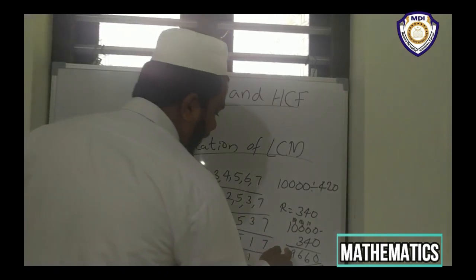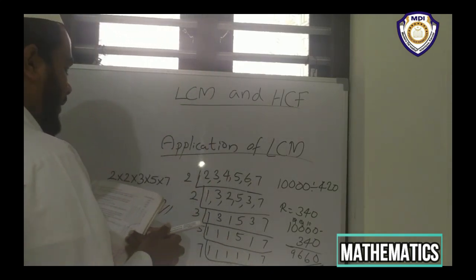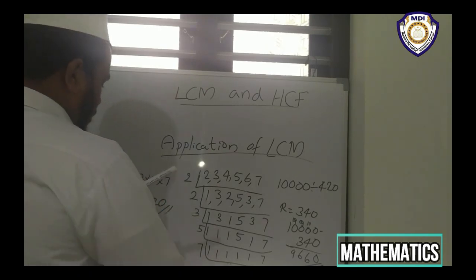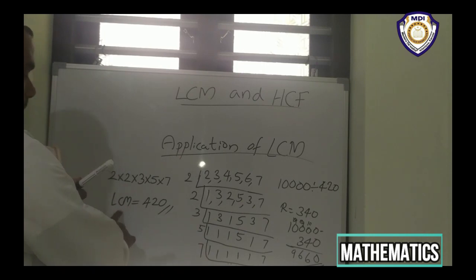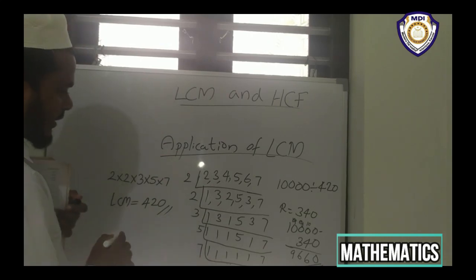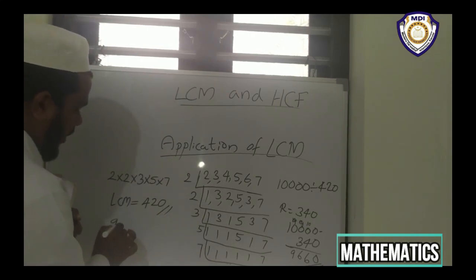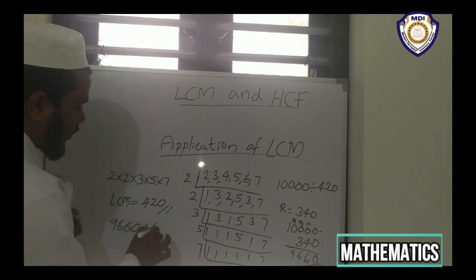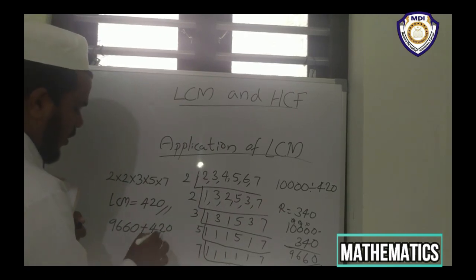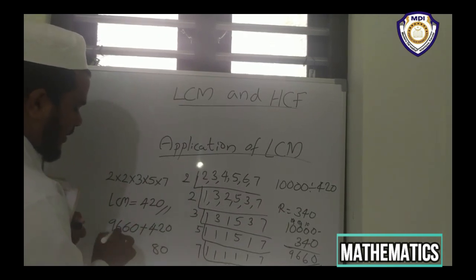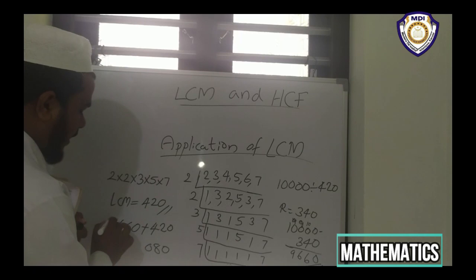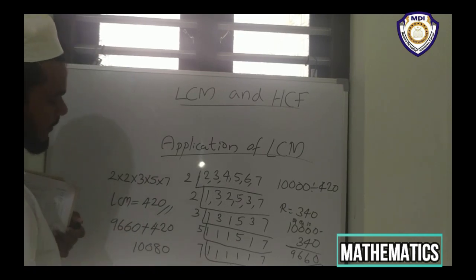Then next we have to find the second number. You just add the least common multiple. 9,660 plus 420, then you get the answer. 0 plus 0, 0, 2 plus 6, 8, 4 plus 6, 10, remainder 1 plus 9, 10.